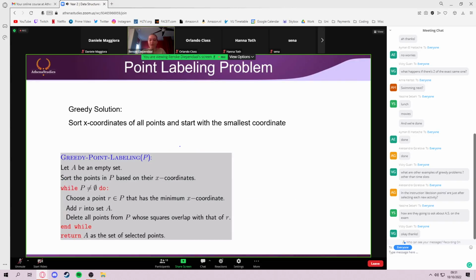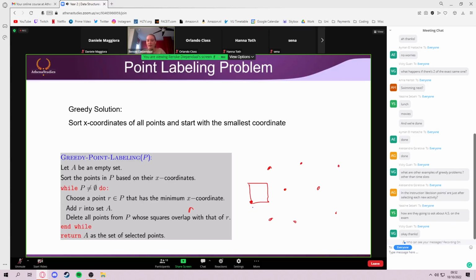And what greedy does is it sorts the x coordinates of all points and starts with the smallest coordinate. You start with the leftmost one and draw a square there.